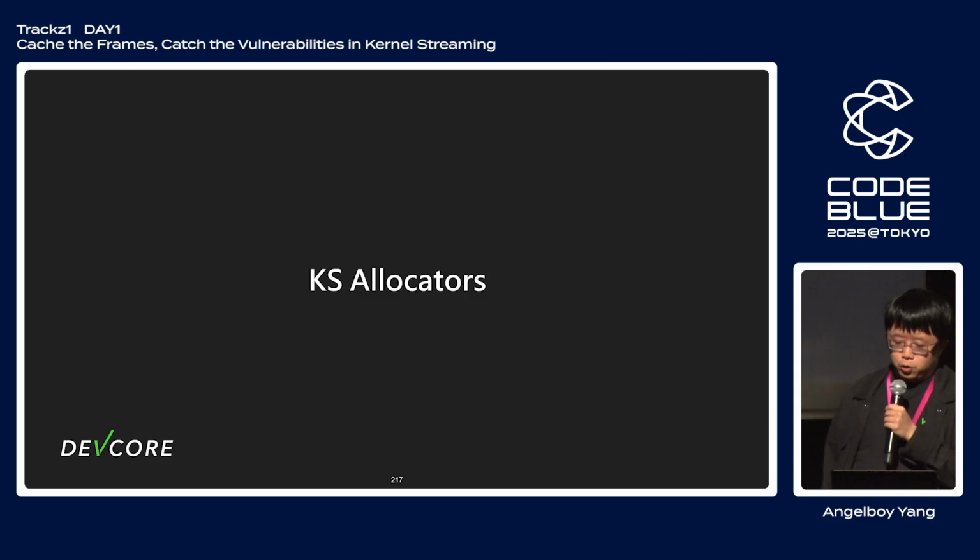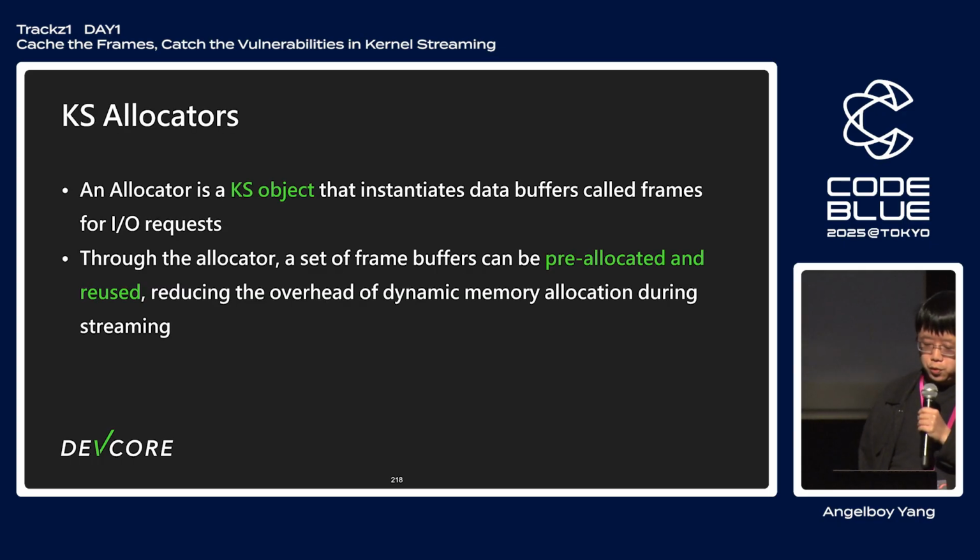But before diving into that, we need to introduce an object in kernel streaming, the KS allocator. Through the KS allocator, a set of frame buffers can be pre-allocated and reused, reducing the overhead of dynamic memory allocation during streaming.